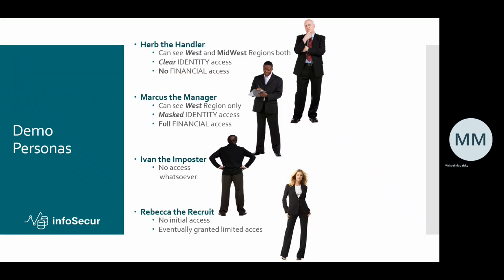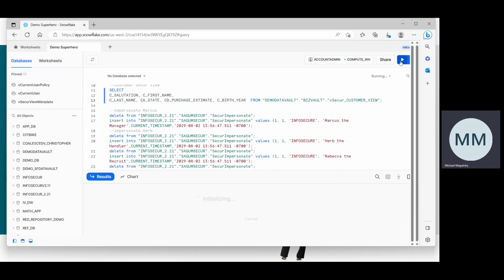Now if we run the same query for her again, then she should see the Midwestern states, which was just one of them, Nebraska. So she'll see the one customer from Nebraska with a masked name. And that demonstrates that Rebecca can, in fact, be granted access in real time, and that there's a polymorphic idea behind this secure view, in that when a user executes a query, it is sensitive to who that user is and what they're allowed to see.